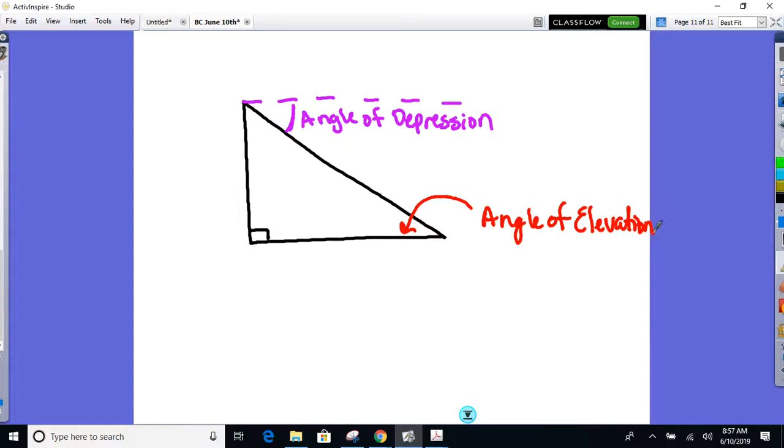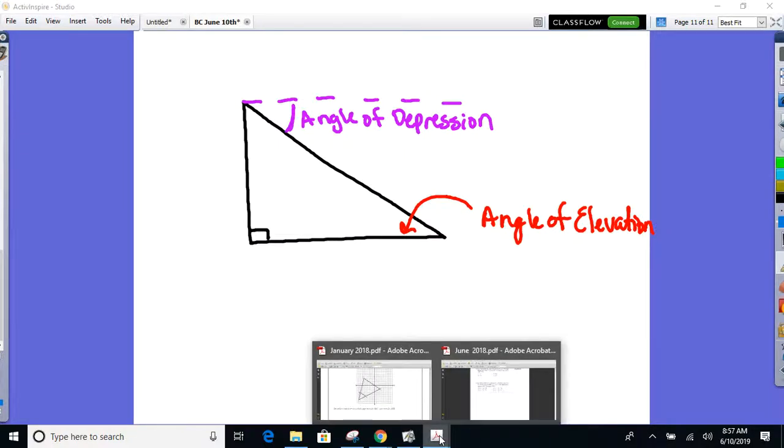Hi, Maggie. The one where the sine of one angle is equal to the cosine of the other angle. Oh yeah, when they're complicated. I got it.